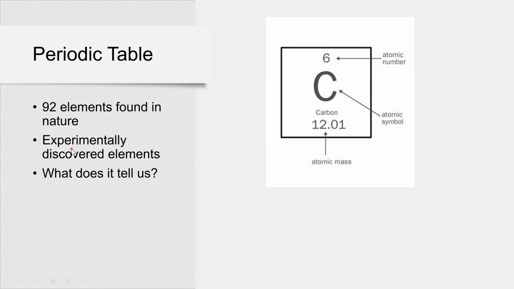So we can make those elements, and then they will decay, and some decay very quickly. Some elements that we discovered can only exist for a couple of seconds or even a fraction of a second, and then they decay into more stable elements, right? But 92 are found in nature.